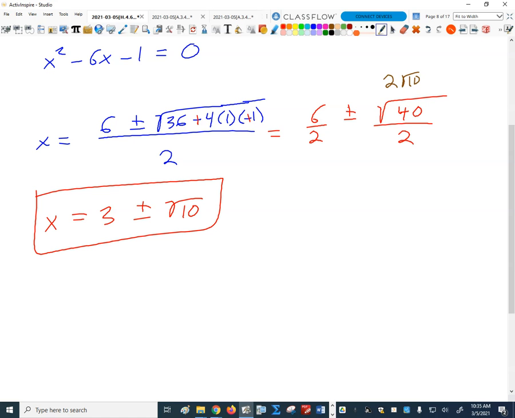How about that? Now, one really nice thing in MathXL that I just figured out is when you're writing the solutions, it tells you to separate them with a comma. I'm pretty sure you can use the plus or minus symbol and it'll mark it correct. That's kind of nice, so you don't have to type it in twice. Okay, how we doing?